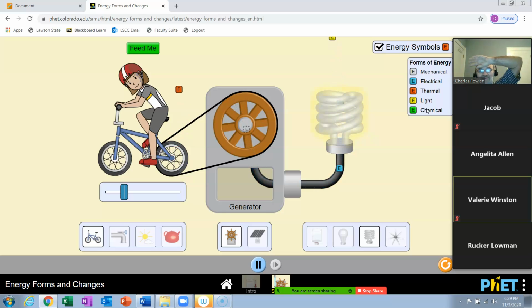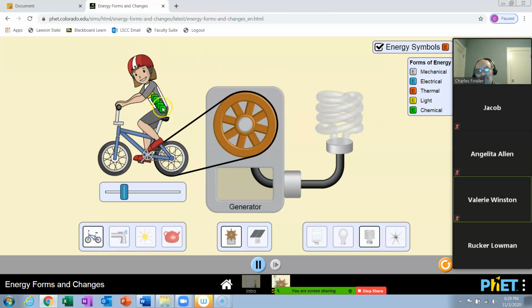I hope not anyway, but that's why you are storing energy: you eat your food, you break down the carbohydrates, you break down the hydrocarbons, and that's what gives you the energy. So that's chemical energy. When you feed her, she gets this green chemical energy that enables her to turn the bicycle wheel, giving kinetic energy.